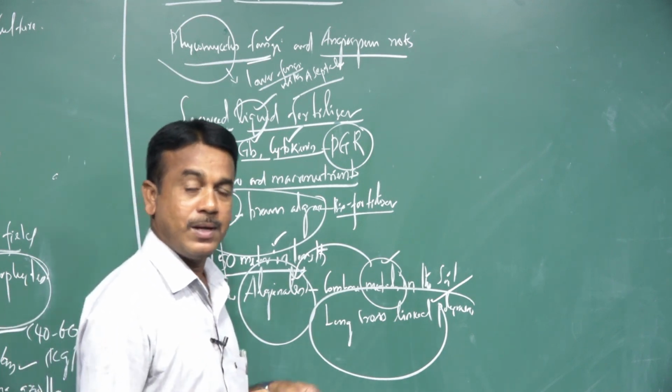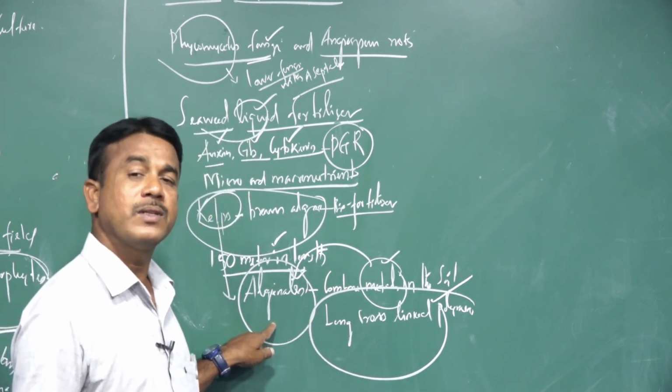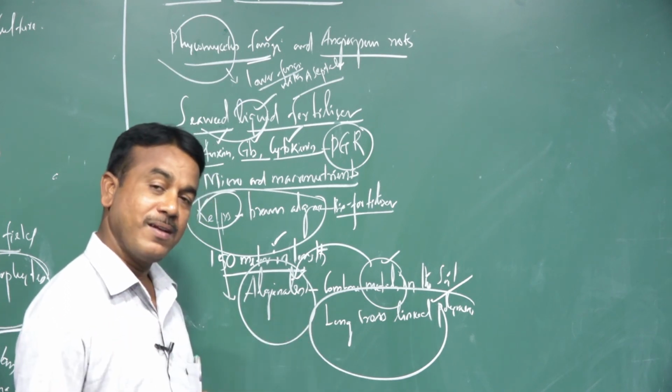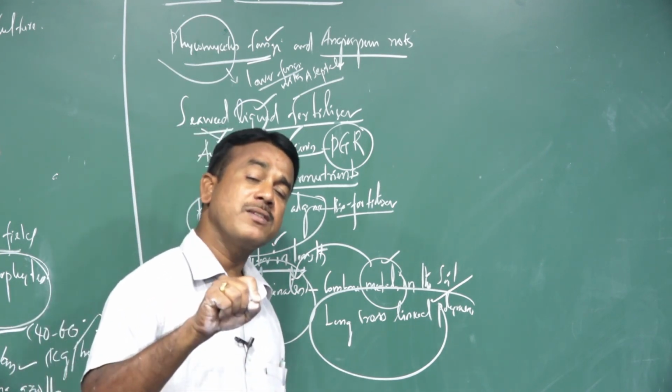Apart from that, seaweeds can especially be used in organic farming. Why can they be used in organic farming?